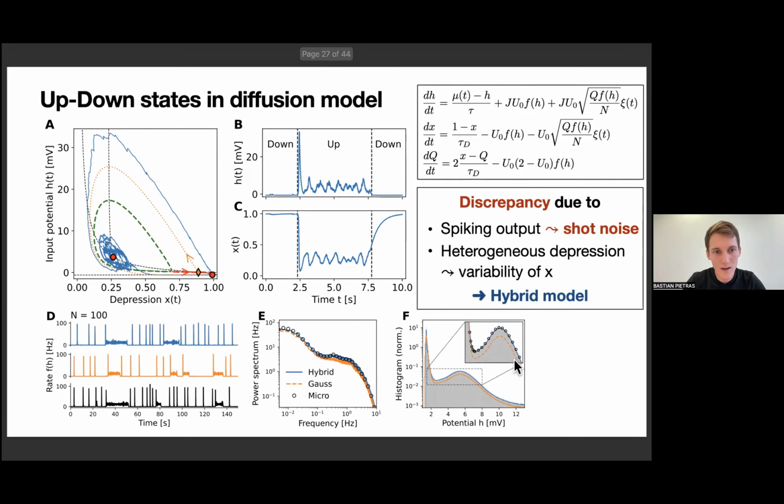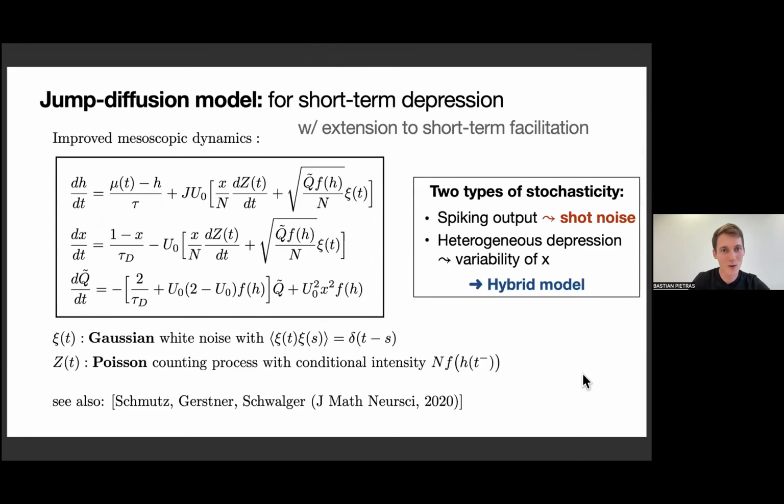And by going a step further and introducing a hybrid model where we explicitly model spiking output as Poisson shot noise, we can get a perfect fit. The dynamics will look like that. So here this dz dt is then the Poisson noise, but I don't want to bore you again with the details.